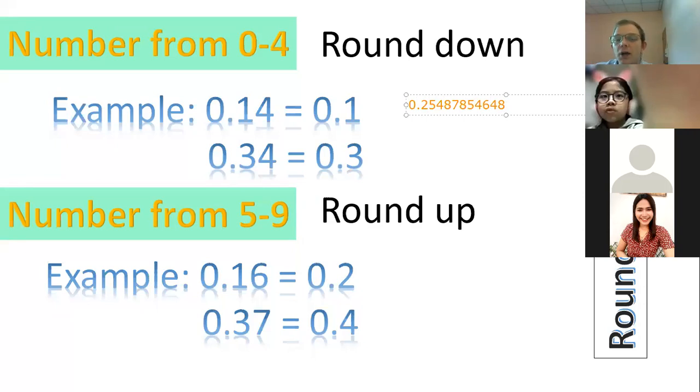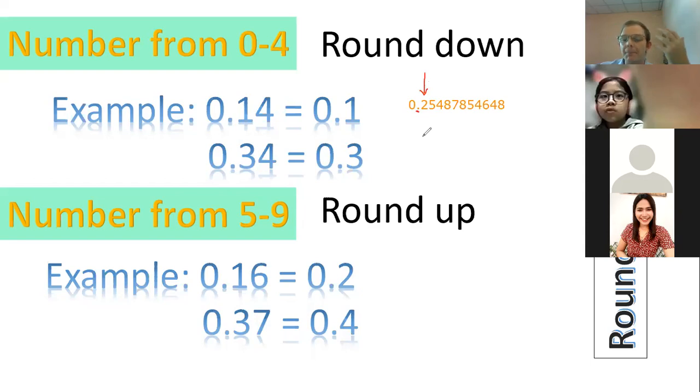So if we say we round to the nearest tenth, tenth is the first number we look at. The nearest tenth is the first number behind the decimal point to the right. Now we have to see, is this number becoming a 3 or staying a 2?